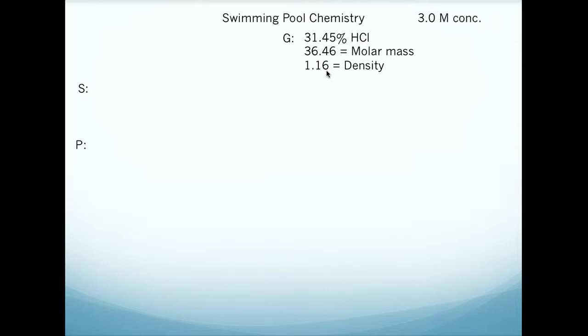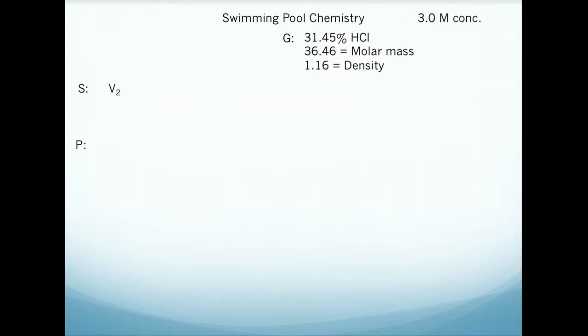So what are we solving for? It needs to be a 3 molar concentration. So we know we have to dilute it because it's very concentrated right now. So we're looking for the volume that we need to have. It's not 1 gallon. 1 gallon is concentrated. So we need to know the new volume. How much water do we have to add to this to bring the concentration down to 3 molar?